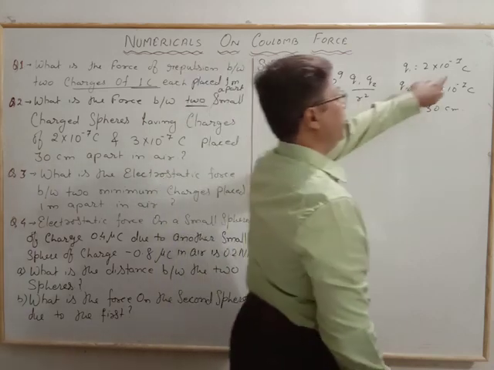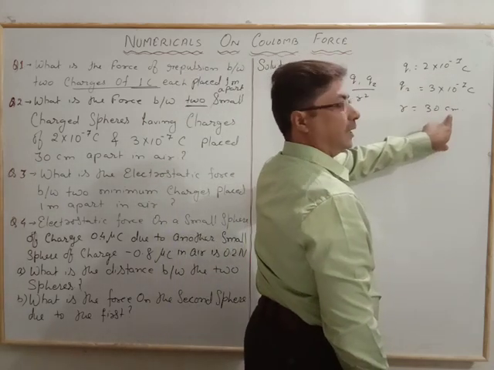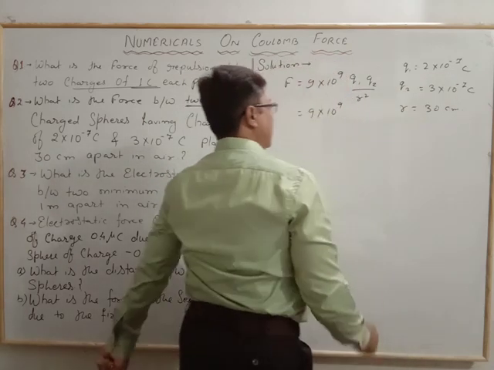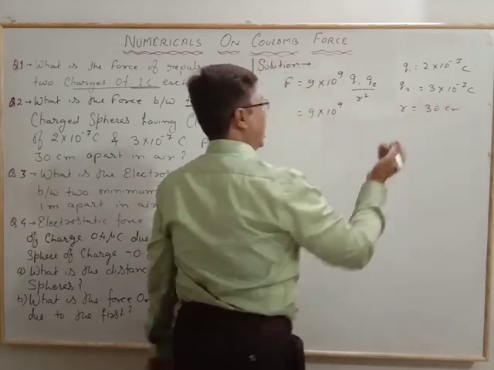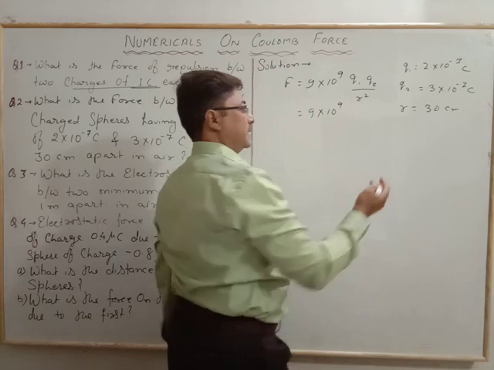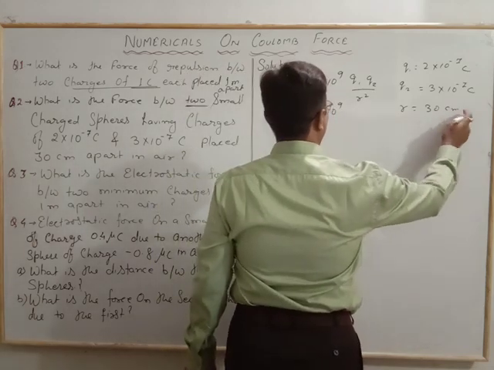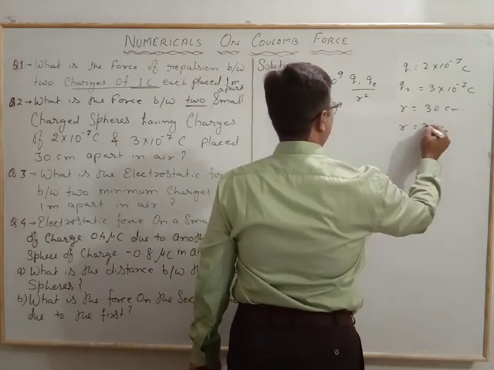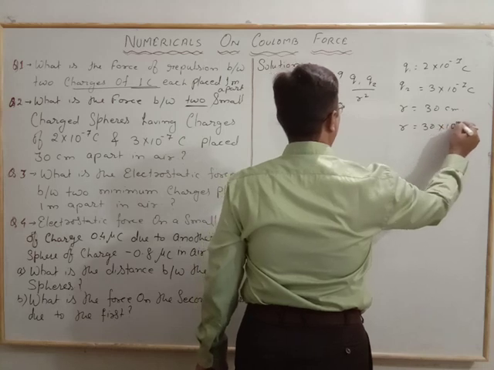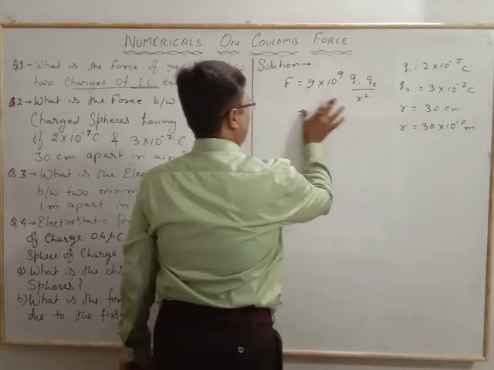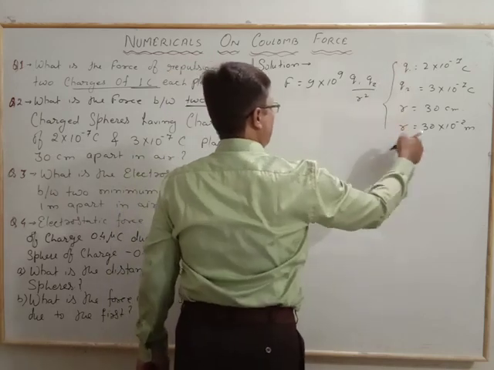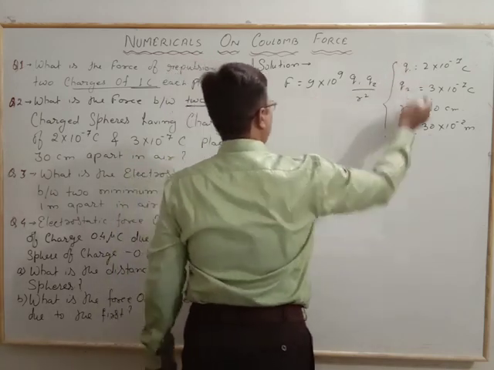Here coulomb is in SI and centimeter is given in CGS, so we first convert everything into 1 unit, either SI or CGS. We change this into SI, so R is equal to 30 into 10 to the power minus 2 meter. Now we place all the given values here.